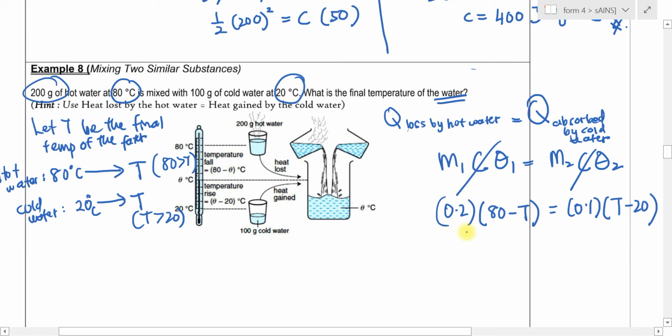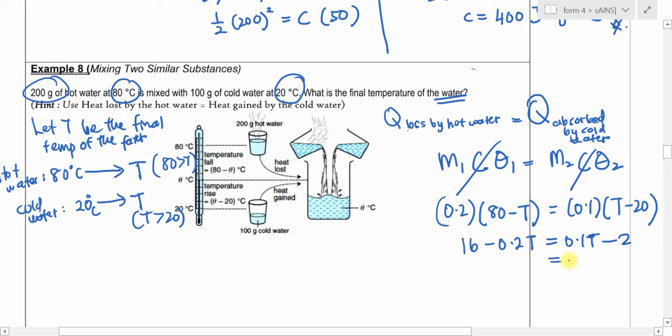Okay, lepas tu kita kembang. 0.2 times 80 is 16. Yeah, 16 and 0.2 T equal to 0.1 T minus, how much is this? 2. Okay, 1 over 10 divided 10, okay, 2.